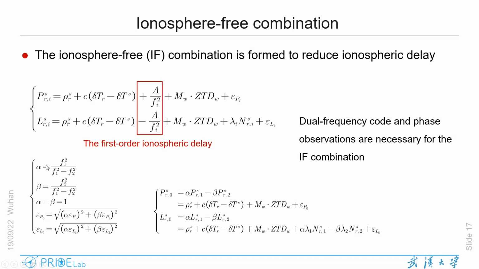Thus, by the ratios alpha and beta, we can construct a linear combination of P and L that maintains the geometric items but completely eliminates the ionospheric delays. This combination is necessary for us to isolate the effect from the ionosphere because it is hard to estimate or correct but may reach hundreds of meters.